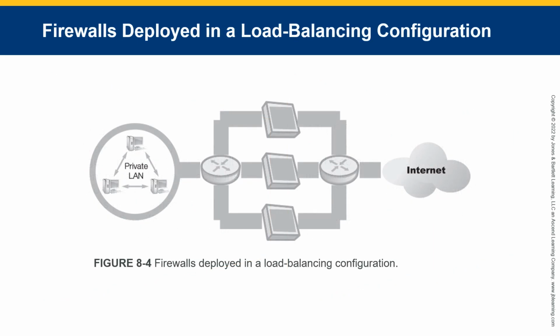So here is what load balancing looks like. Our private LAN is going out to the internet. We have a little circle with a pseudo X in the middle of it. That's a symbol for a load balancer. This could be something like an F5. And we have 3 firewalls.